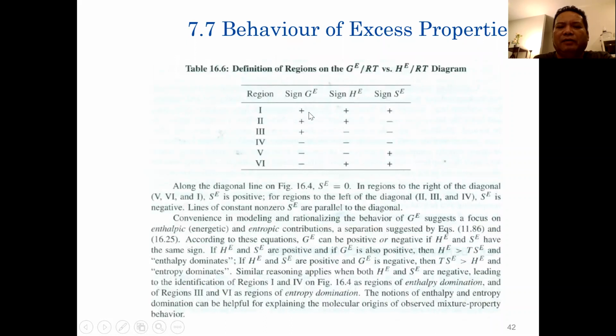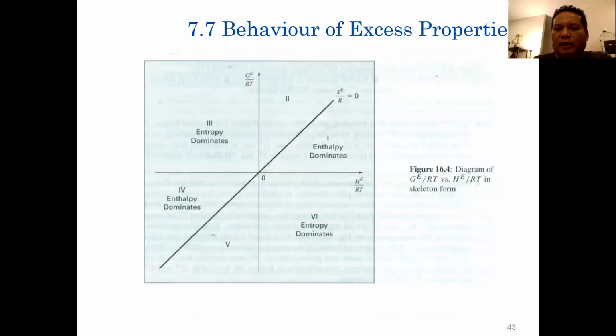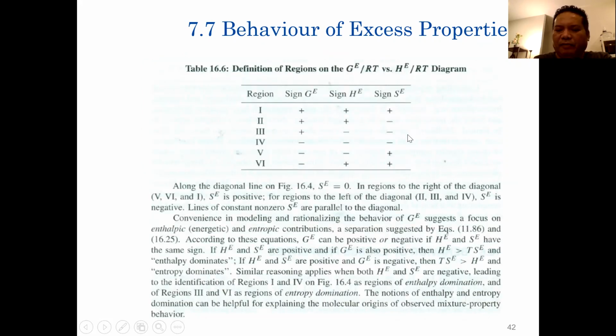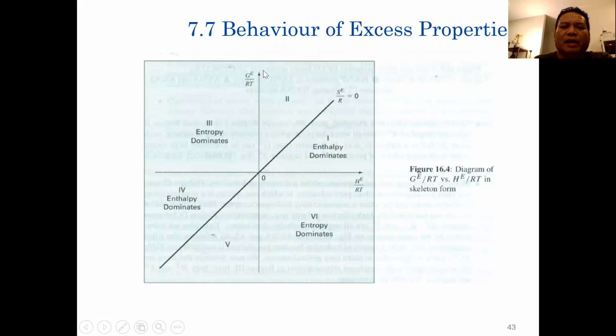If GE is positive, HE is positive, and SE is positive, then it is region 1. Region 2 is HE positive, GE positive, but SE negative. Region 3: HE negative, SE negative, GE positive.